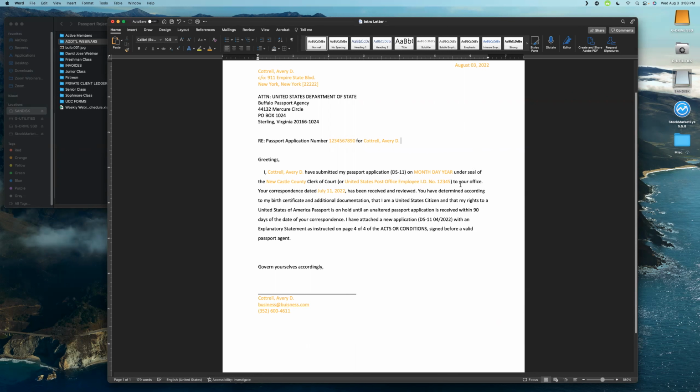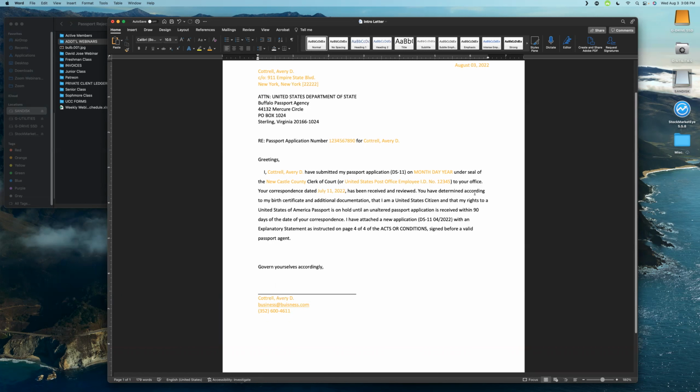under seal of the Newcastle County Clerk of Court. Or if you did it at the post office for whatever reason, then go ahead and put that information. To your office. Your correspondence dated July 11th, 2022 has been received and reviewed.